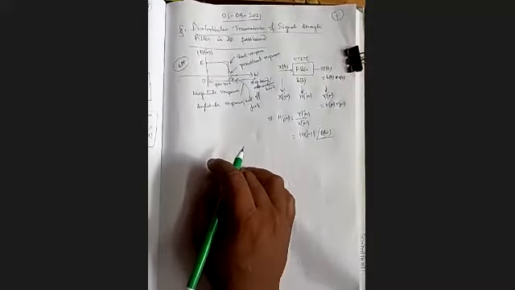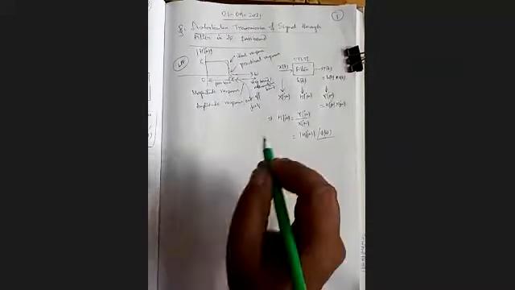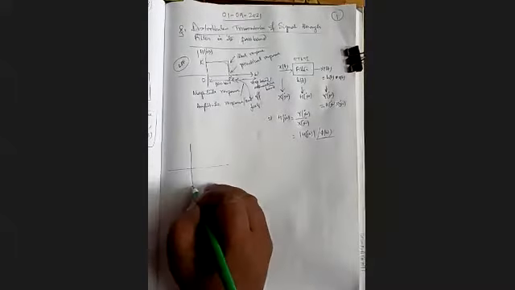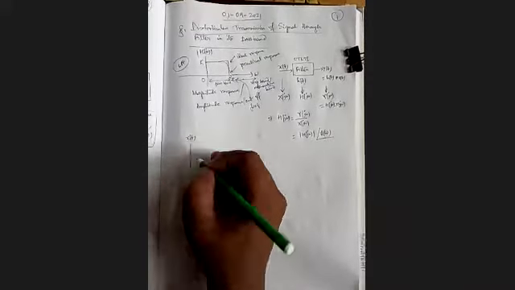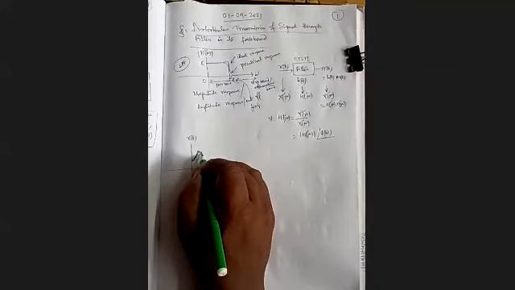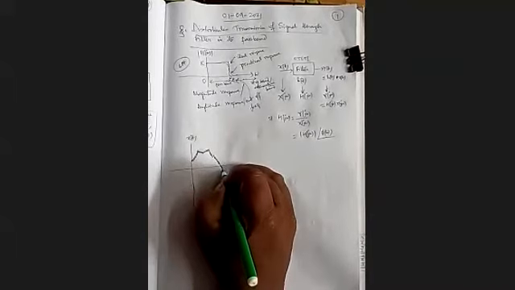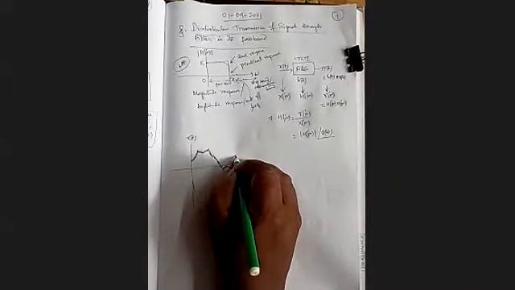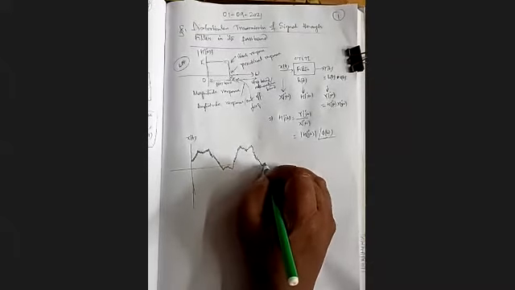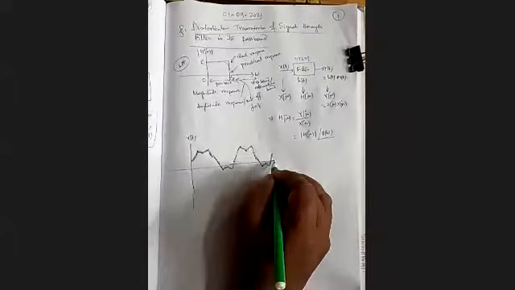Now consider one input signal x(t). I am drawing it, x(t) versus t, which looks something like this particular thing.